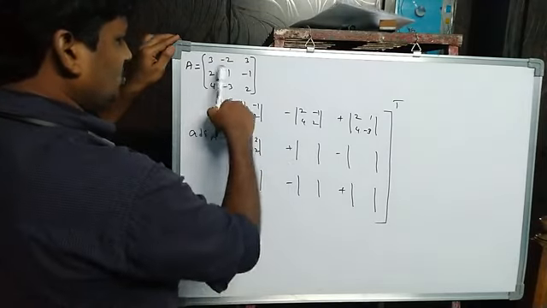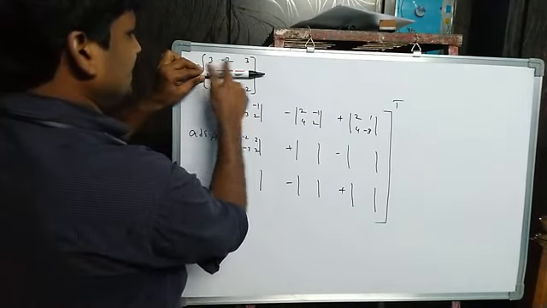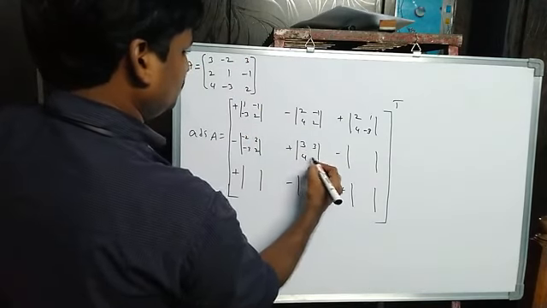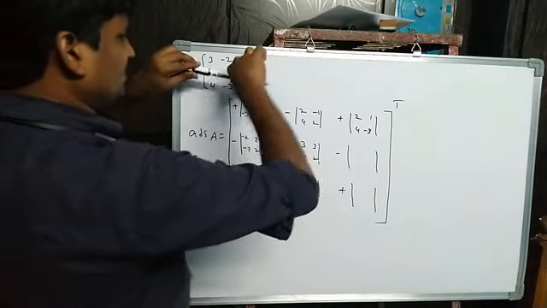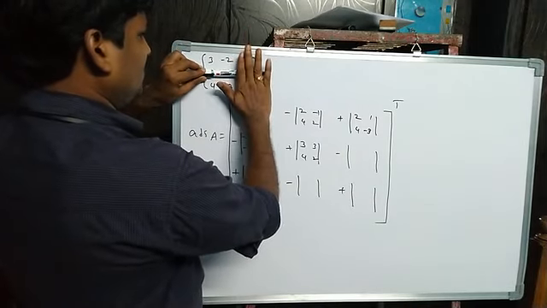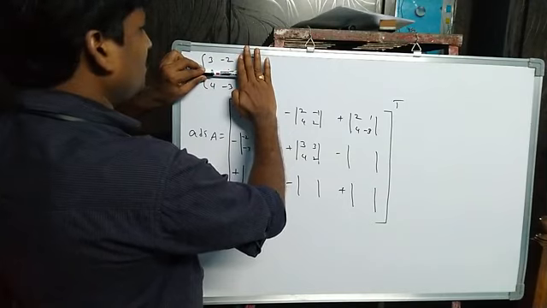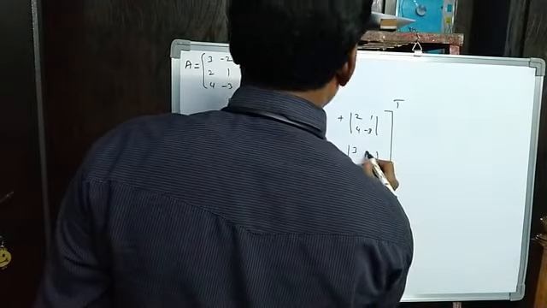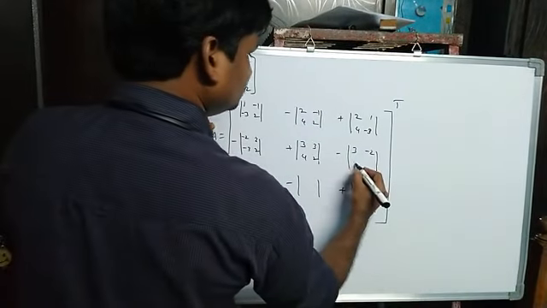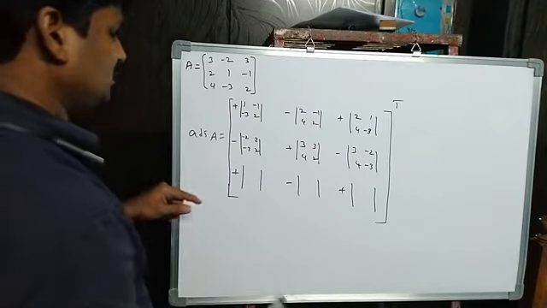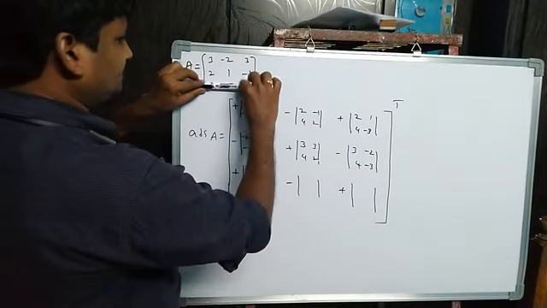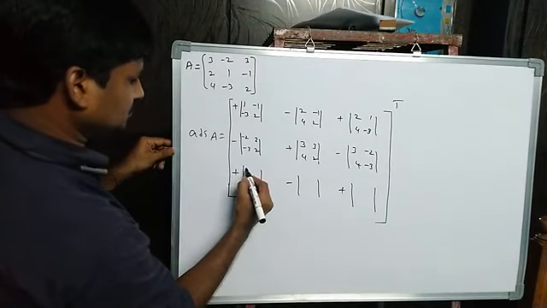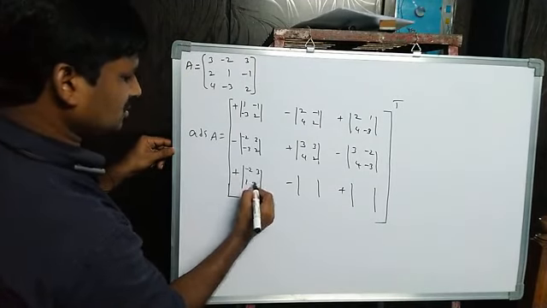Next, for 1: 3, 3, 4, 2. Next, for minus 1: 3, minus 2, 4, minus 3. Right?